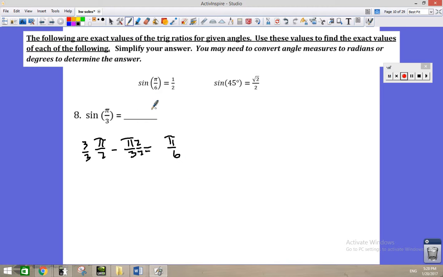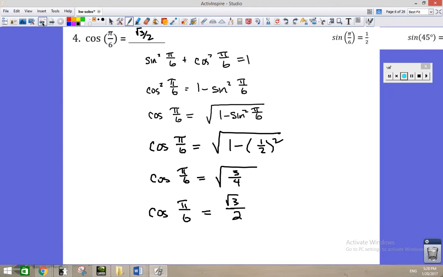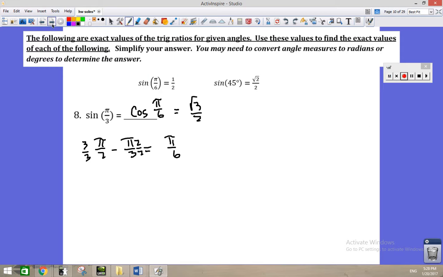So I know that the sine of pi over 3 is the same as the cosine of pi over 6, and I've already shown that that's the square root of 3 over 2 in that previous problem. Cosine of pi over 6 is square root 3 over 2. We already illustrated that.